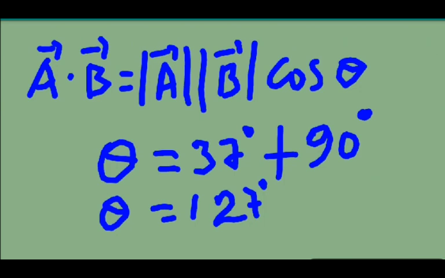Okay. Then we are going to substitute the values. Before that, we have to find the value of cosine of 127 degrees using a different method. It's possible to change it into terms of cosine in the second quadrant. This is the second quadrant.